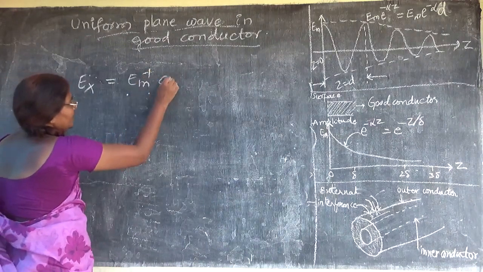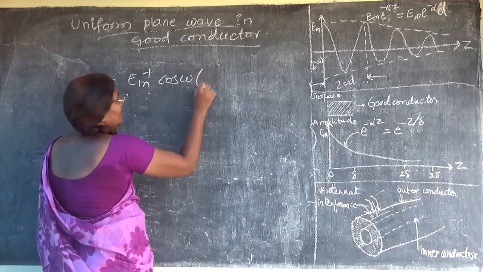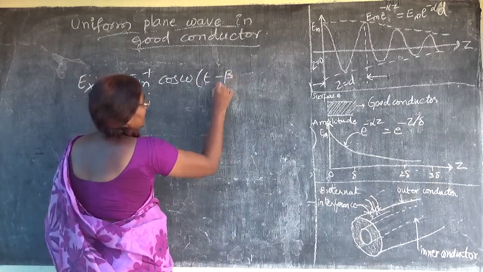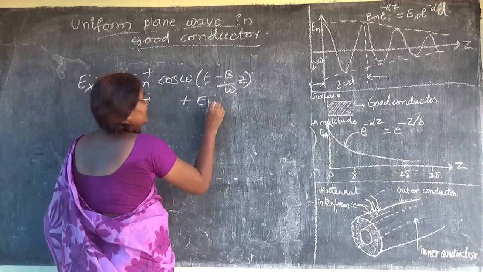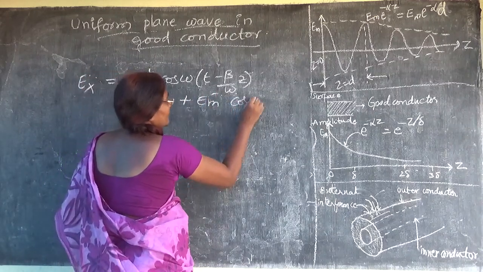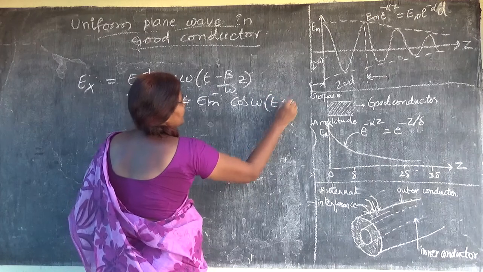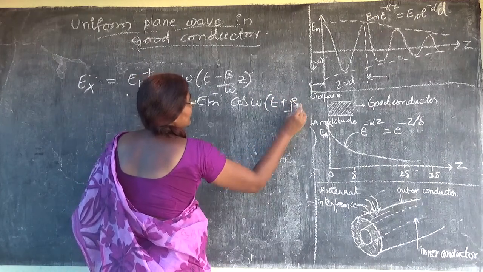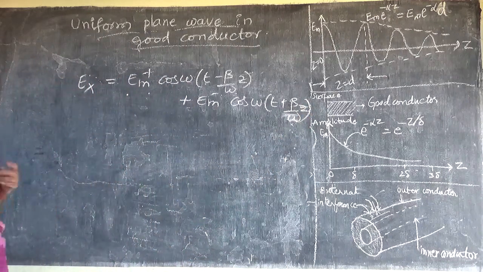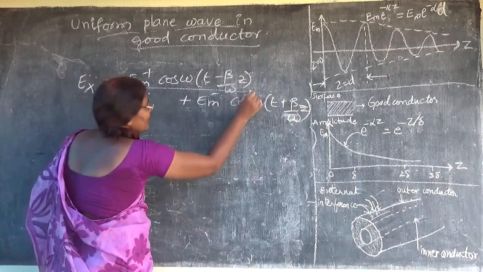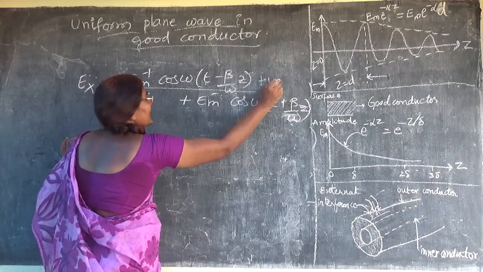Em plus cos(omega t minus beta by omega z) plus Em minus cos(omega t plus beta by omega z). This is what we wrote. So this is the component which is traveling through the positive z direction.